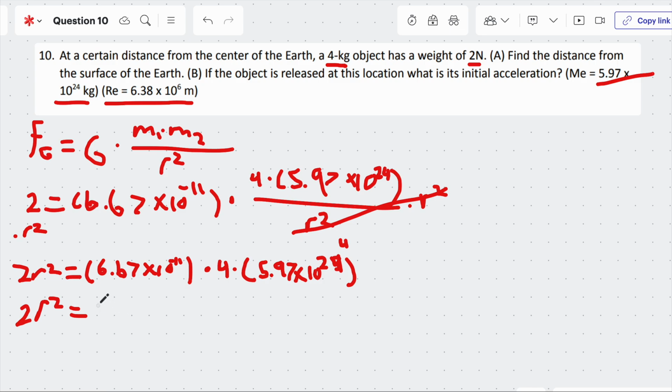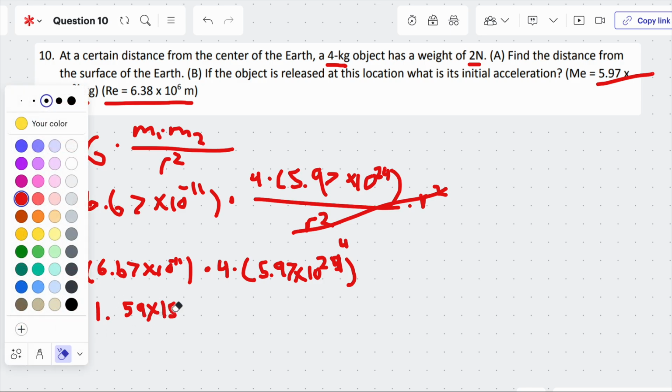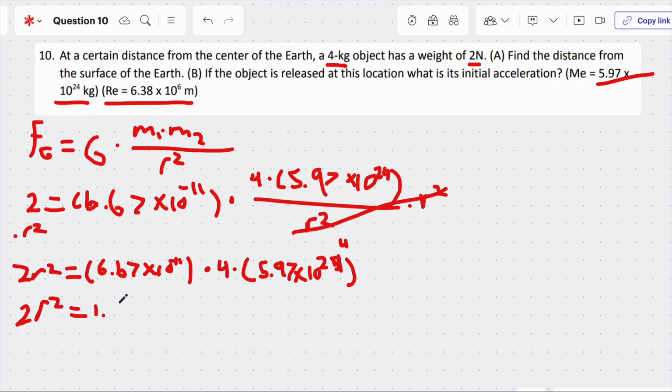So our 2r squared is 1.59 times 10 to the 15th. Oh, not 15. That is incredibly wrong. Okay, so 1.59 times 10 to the 15th.